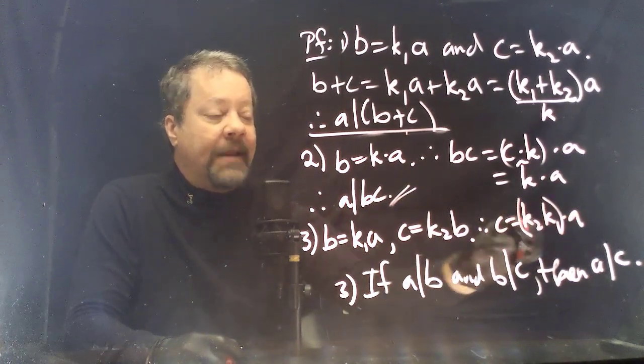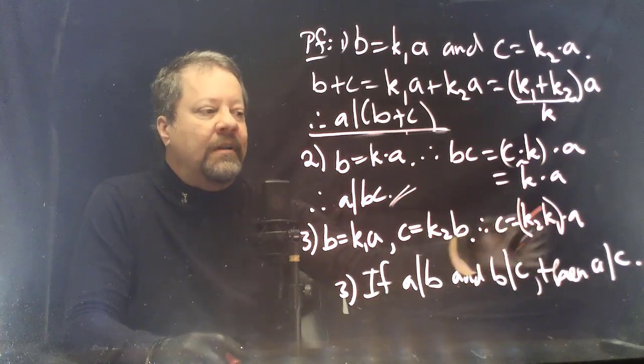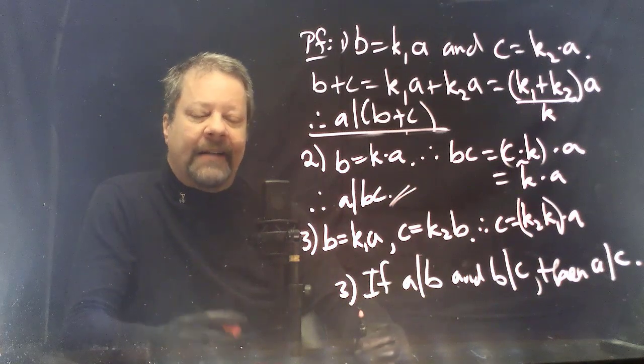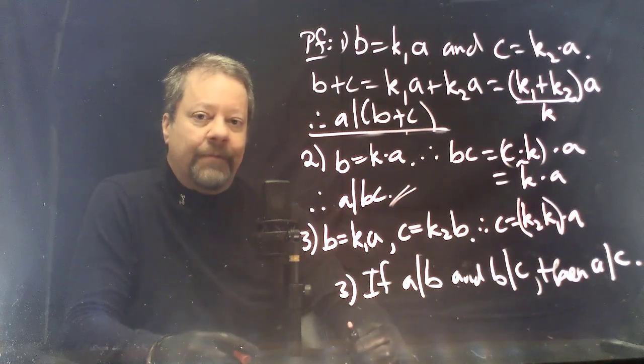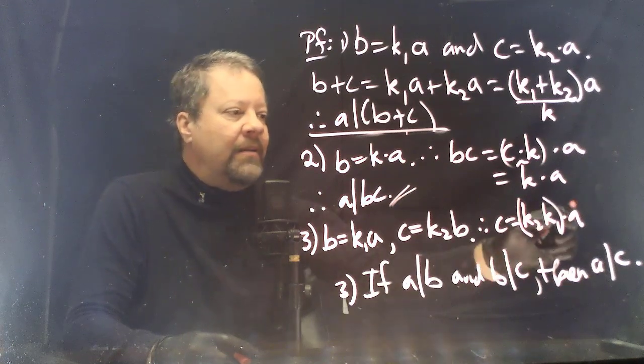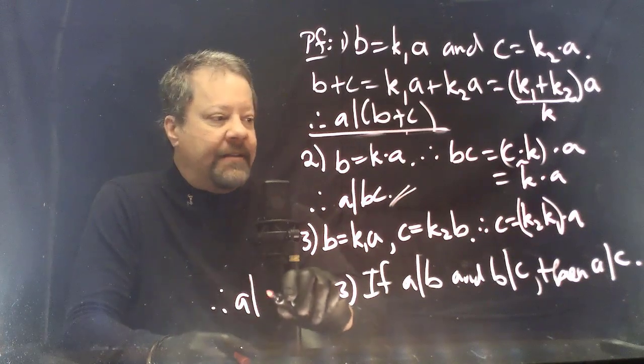And we can, by the associative property of multiplication, associate these two. k1 times k2 is in fact an integer because of the closure law of multiplication for the set of integers. We deduce then, therefore, that a divides c, and that's the end of the proof.